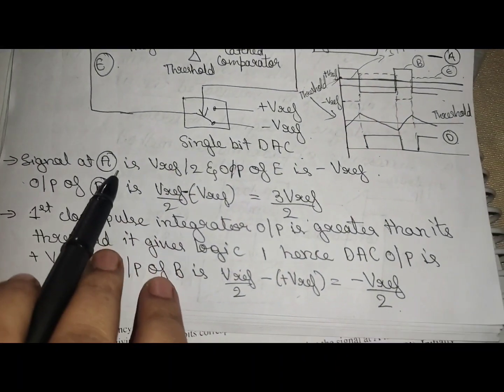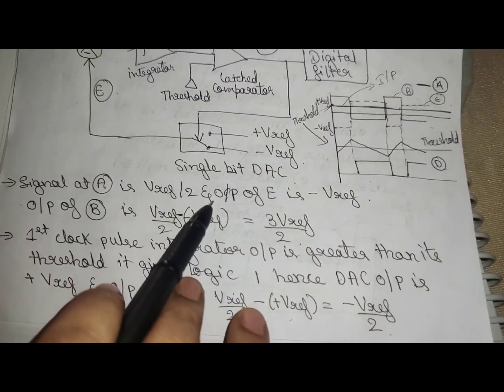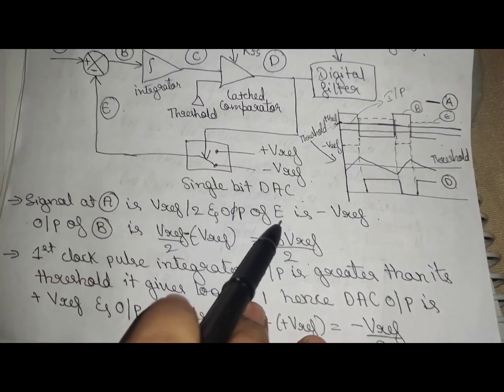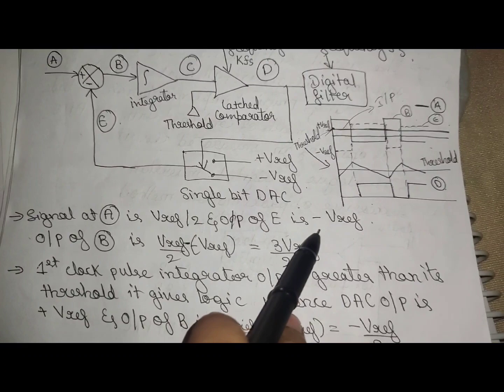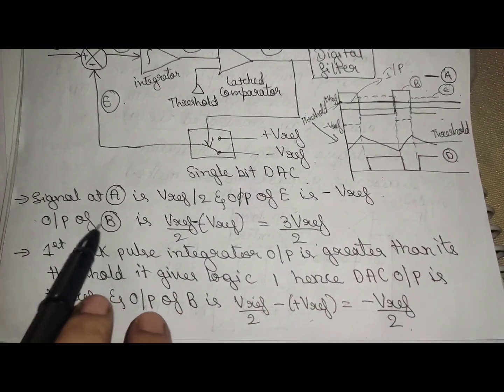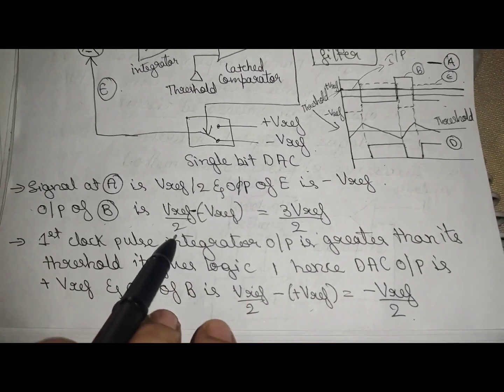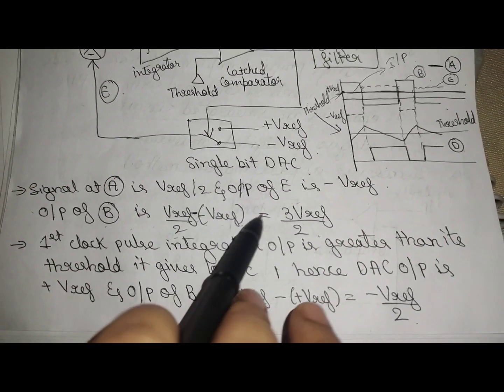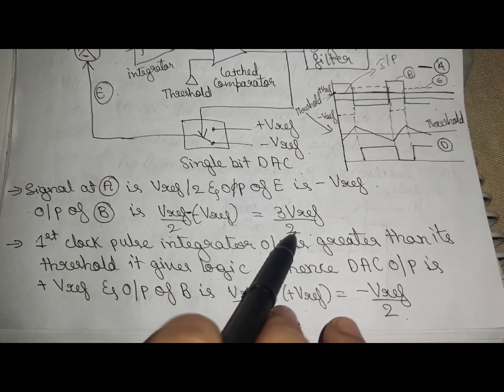Signal at A is V reference by 2, and output of E is minus V reference. So the output at B will be V reference divided by 2 minus of minus V reference, that will be 3V reference divided by 2.